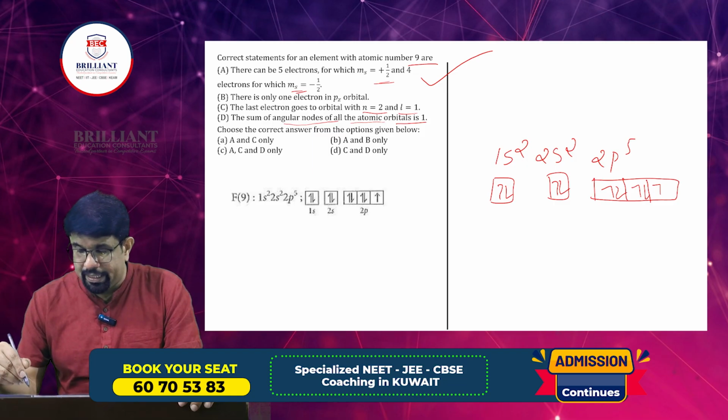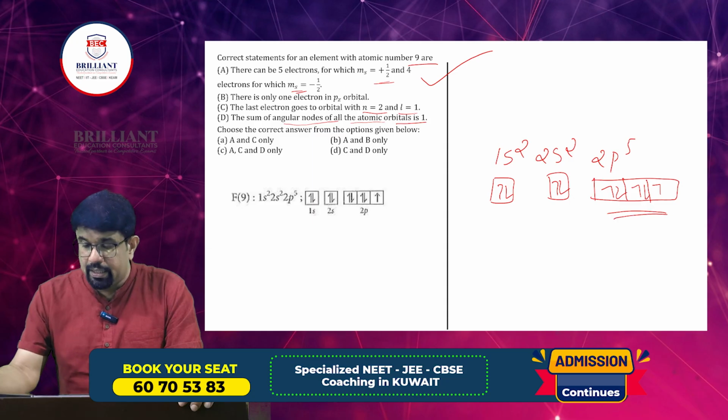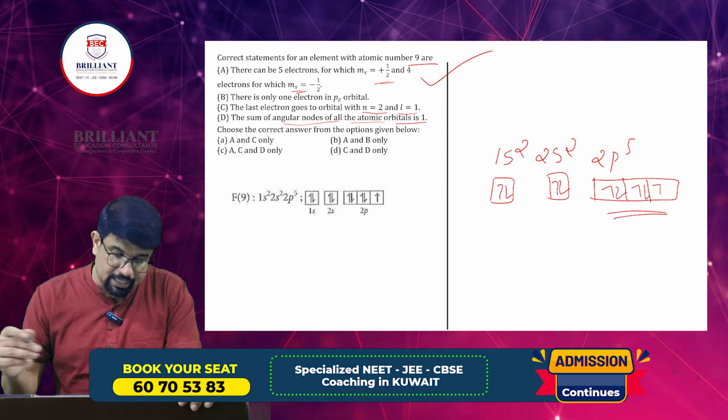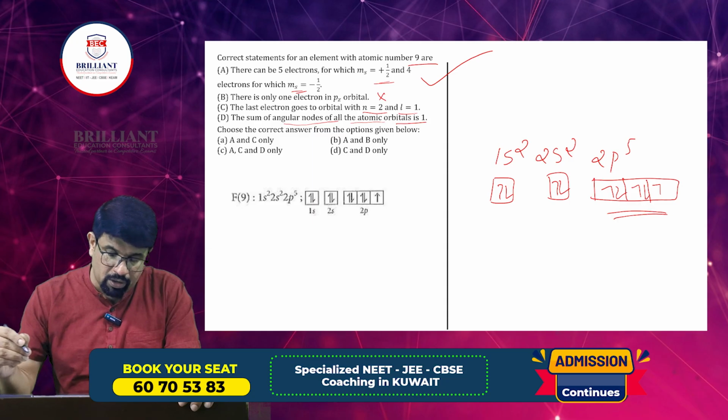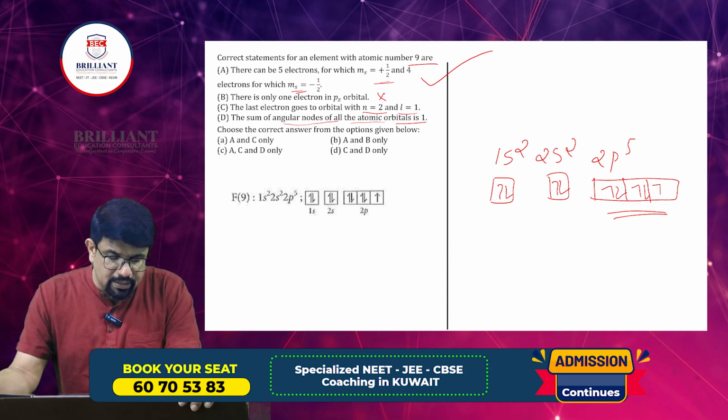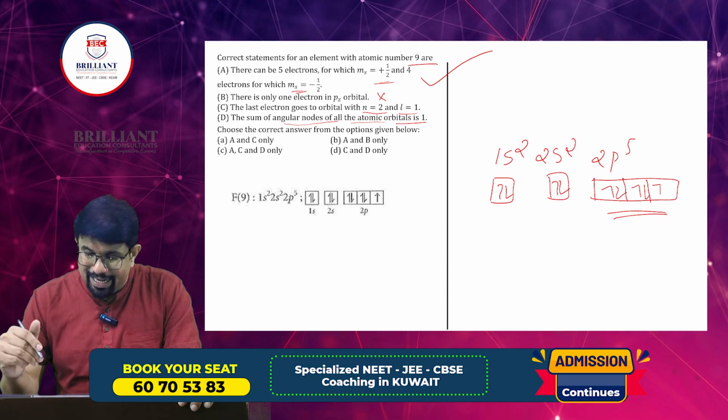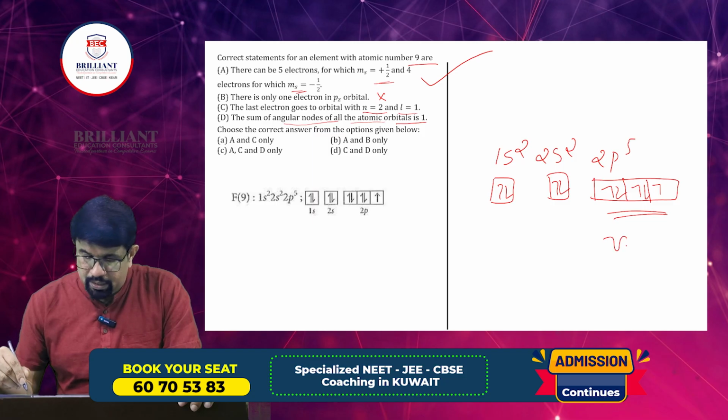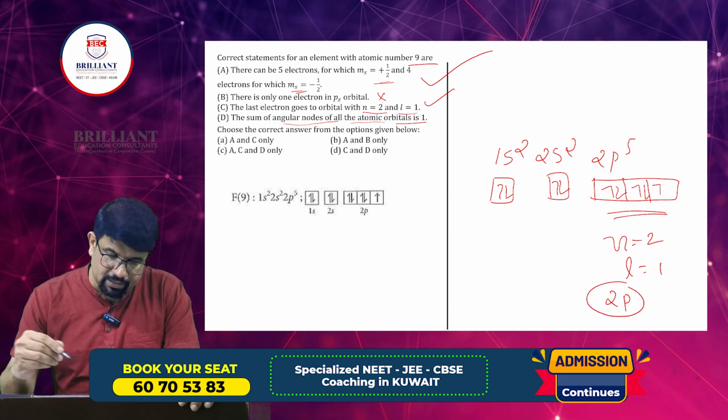That we cannot predict, right? It may be px, it may be py, it may be pz. That's why statement B is wrong. And the third one, the last electron goes to the orbital n = 2 and l = 1. Yes, it is 2p, right?